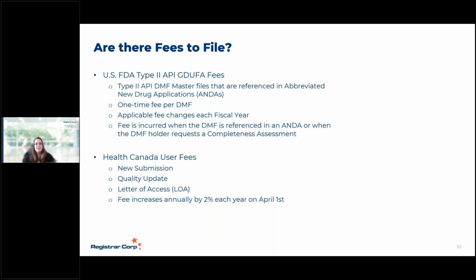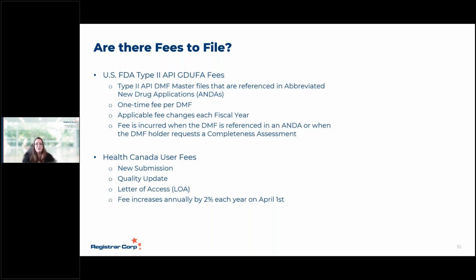And basically, the completeness assessment is where FDA reviews the master file to determine if it's adequate to support ANDAs. And so once that process is done, FDA includes the master file on a list of master files available for reference for ANDAs. But again, in all other scenarios for FDA master files, there's not going to be any submission fees or any fees at all.